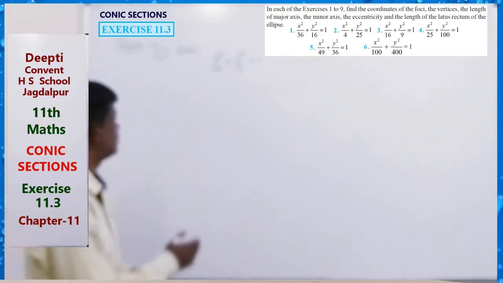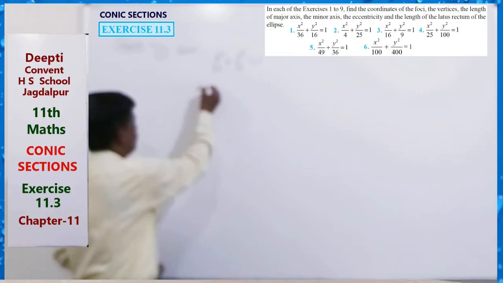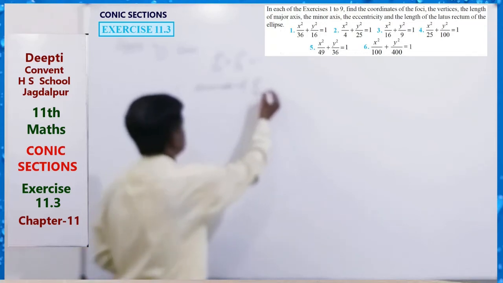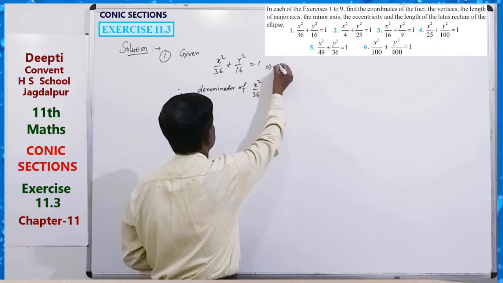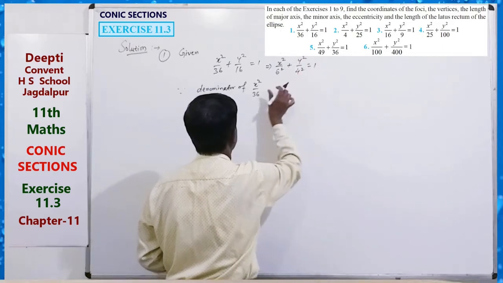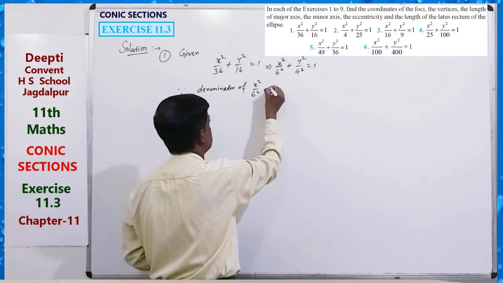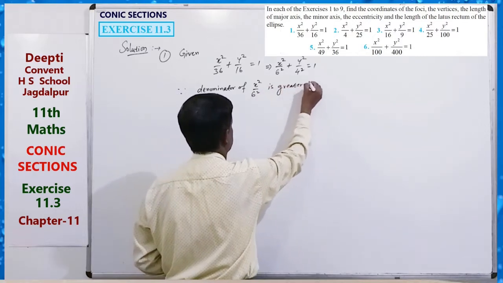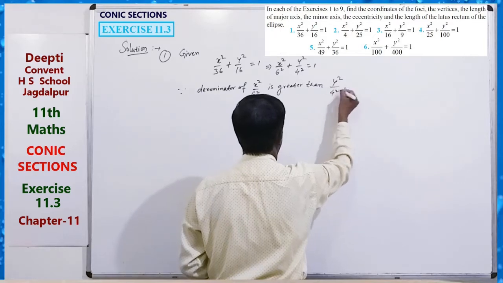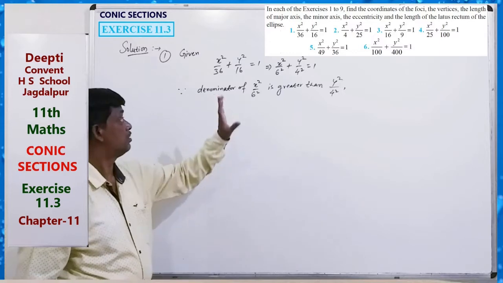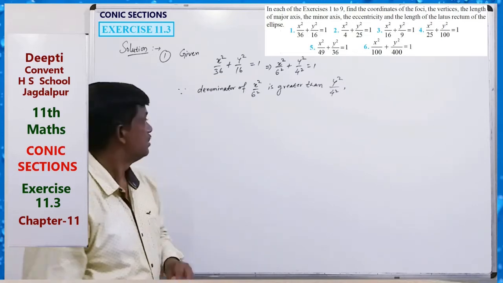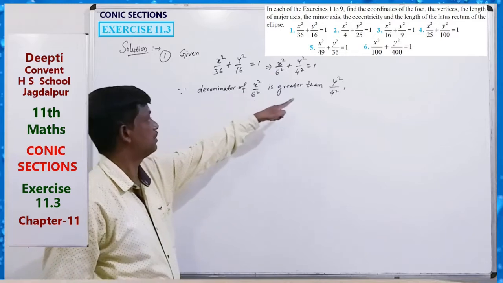Here, you can write x square by 6 square plus y square by 4 square equals 1. The denominator of x square by 6 square is greater than that of y square by 4 square, because the greater denominator gives the axis of the ellipse.